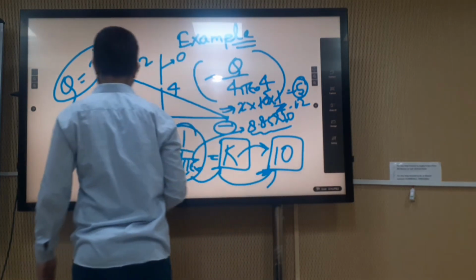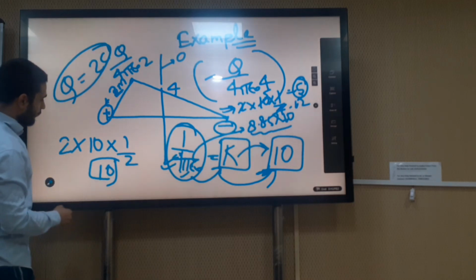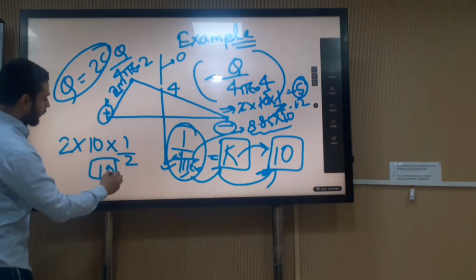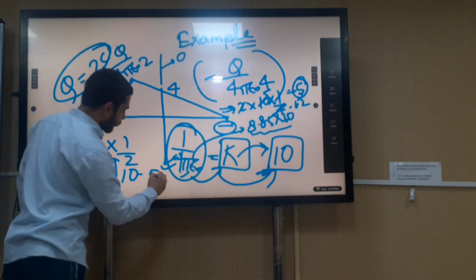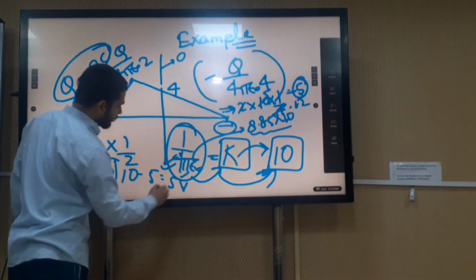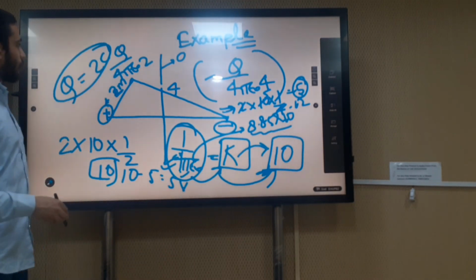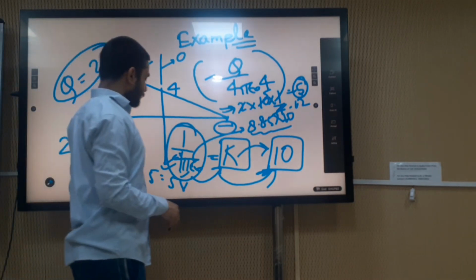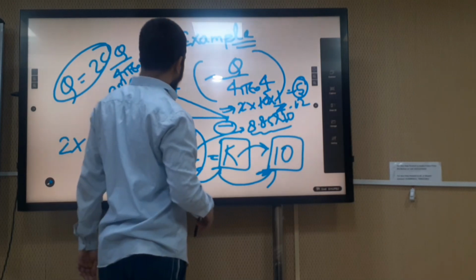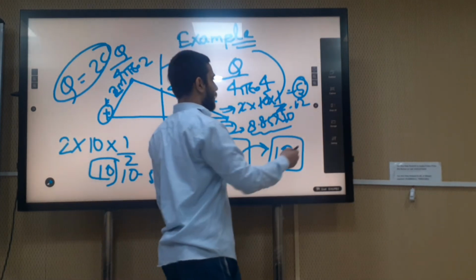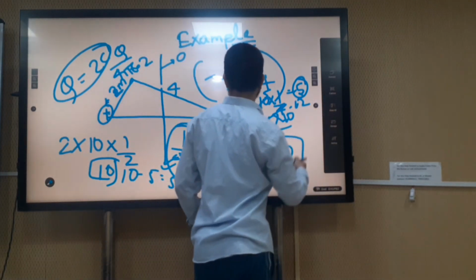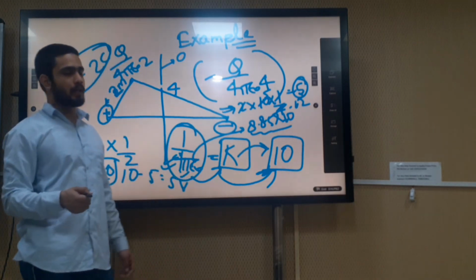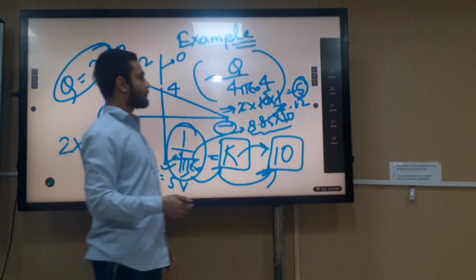So what will be the net value? 10 minus 5, so the electric potential will be 5 volt. Like this we can find the value of the electric potential at different places in an electric dipole.